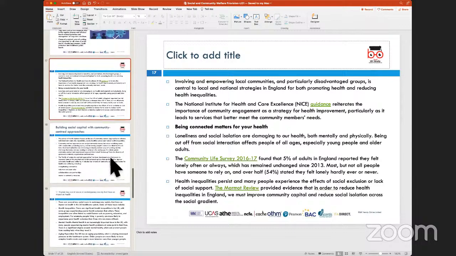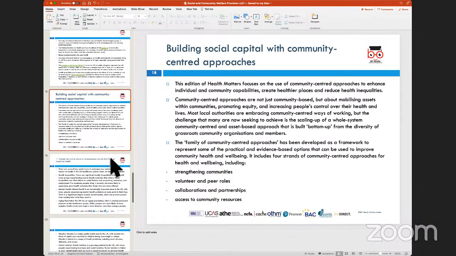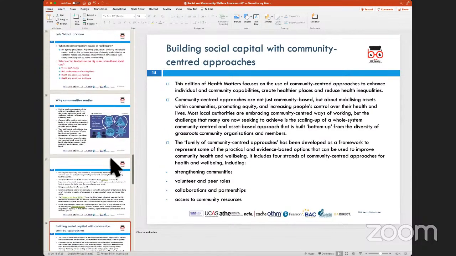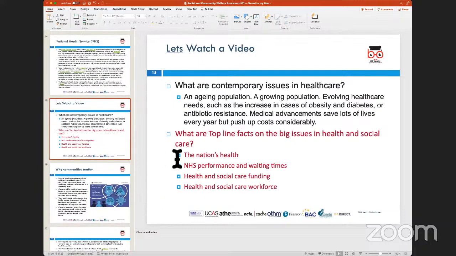Now, when we talk about some of the contemporary issues within health and social care, one of the current issues is the aging population in developed countries. This means that the government needs to spend more on national health services.